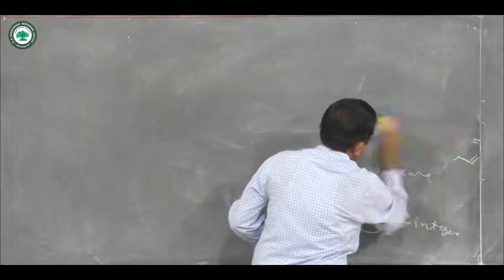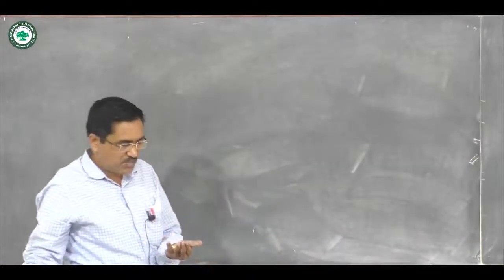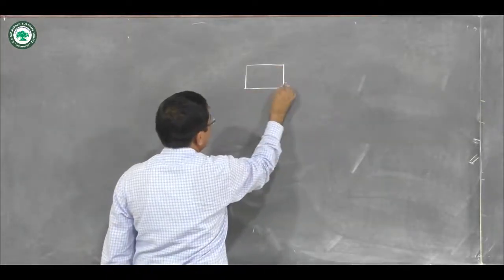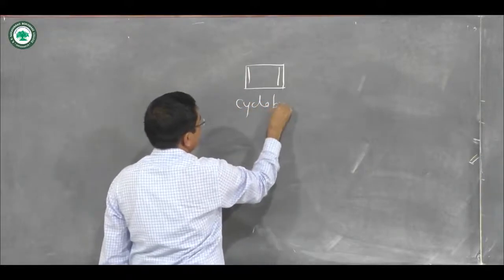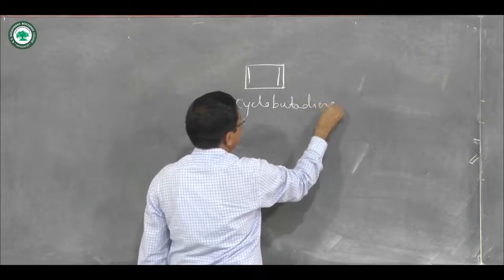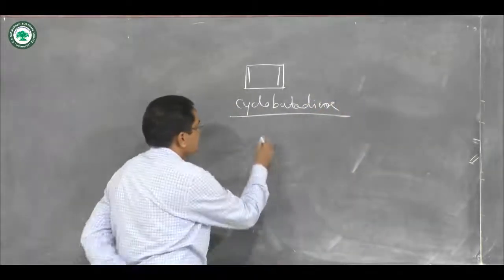Okay, we will consider one example of a non-aromatic compound. Suppose you take cyclobutadiene. We take the example of cyclobutadiene.